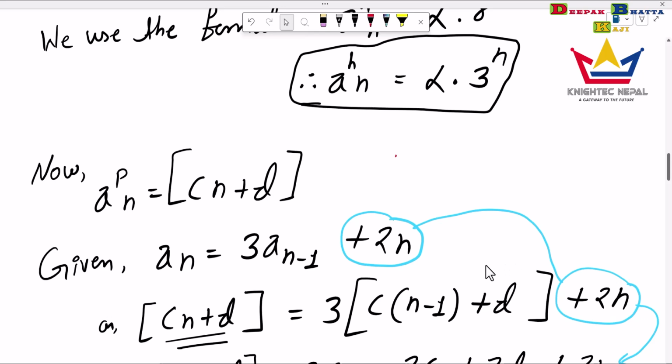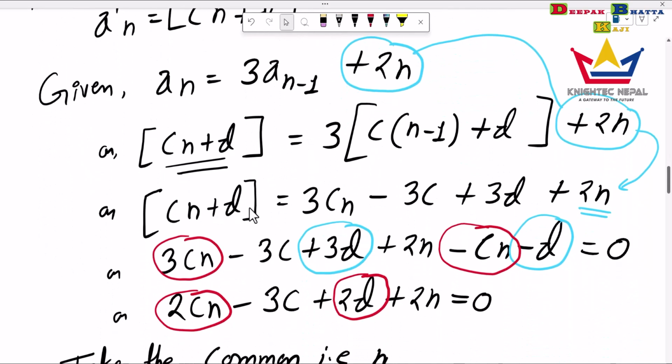So cn plus d equals 3cn minus 3c plus 3d, multiplying with the inner part, plus 2n.